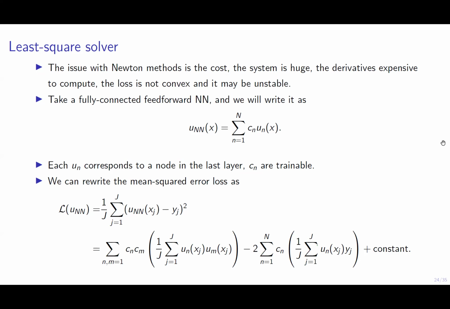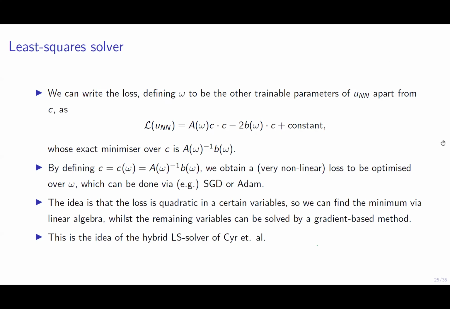Now, what is the idea here? If we think of these basis functions as being fixed, this is now a lot easier to solve. This is a much better, well-posed minimization problem than the horrifically non-convex one that we started with. So the idea is that we split our trainable parameters into two classes: the linear parameters, in the sense that the output of our neural network is linear in them, and the non-linear parameters, which are typically the ones in the earlier layers.